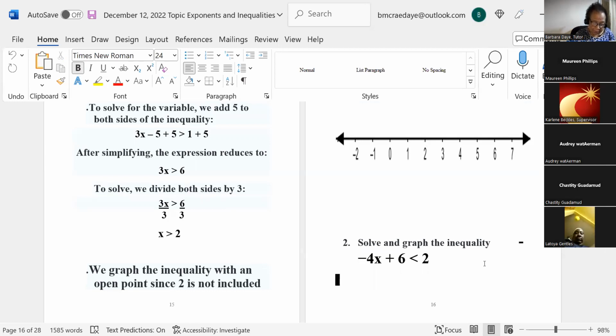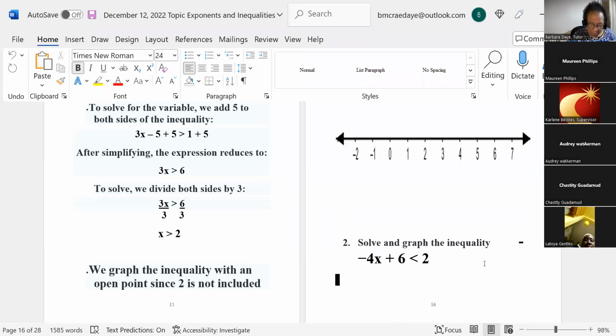Minus 4x plus 6 less than 2. Anybody have a solution for the x? Anybody have a solution?